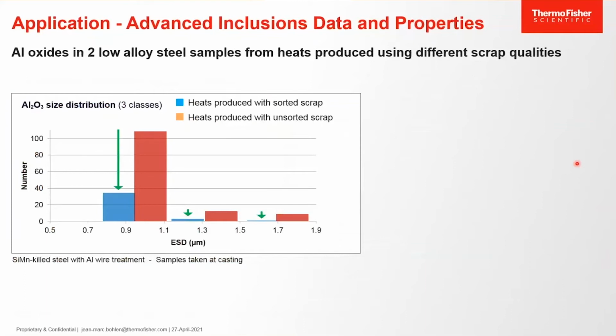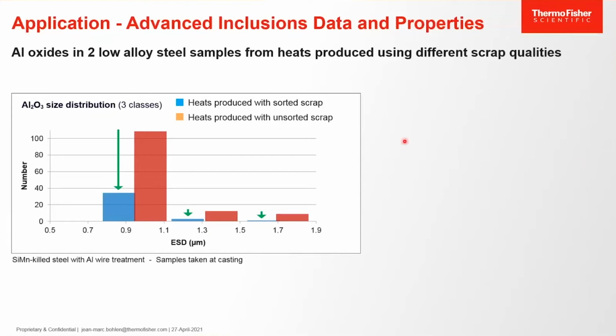An interesting application was obtained with a customer. We measured two of his low alloy steel samples. Actually, we measured the aluminum oxides to check their distribution. The two samples were produced with different scrap qualities.